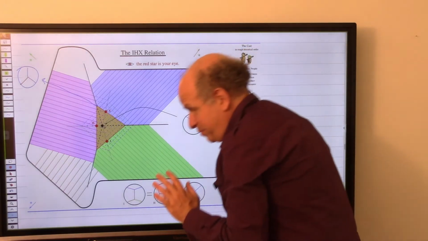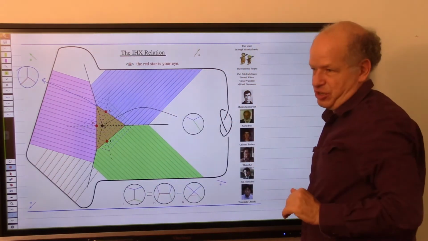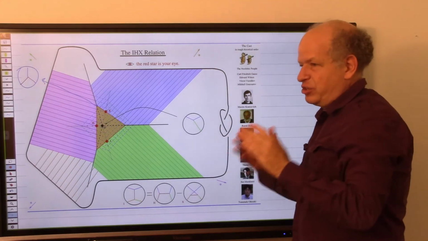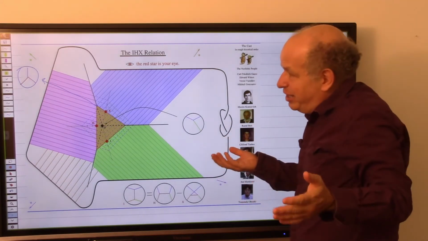Anyway, so now let's move the picture. If I move the picture just a little bit, still nothing happens.